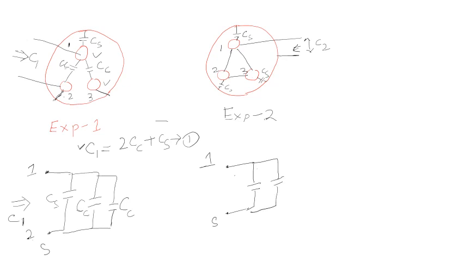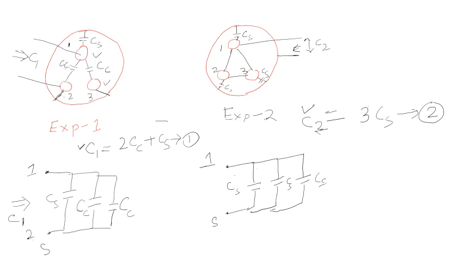So 3 CS connected in parallel, right? So from the equation, C2, which we are calculating, is equal to 3 CS. So this is equation number 2.